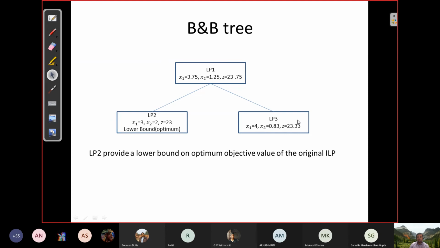So these are not original problems anymore, and not relaxations of the original problem. So the LP solution that you get from there, you cannot call it the upper bound of the original problem. Is that clear? Yes, sir. So the upper bound doesn't change, you only update the lower bound.